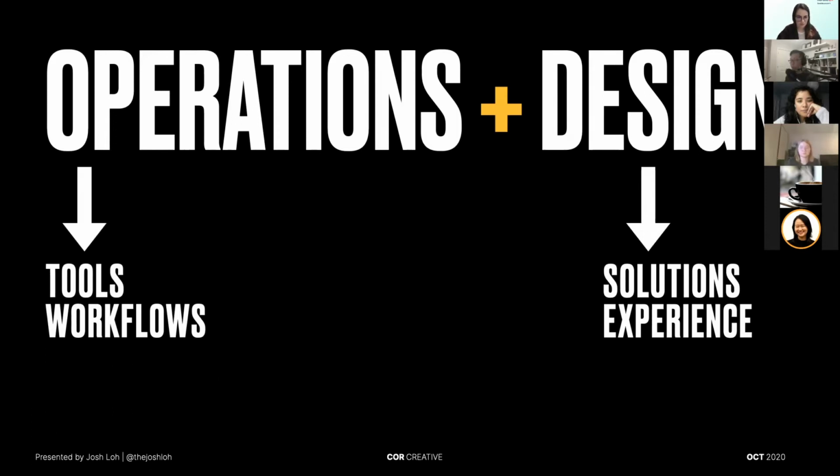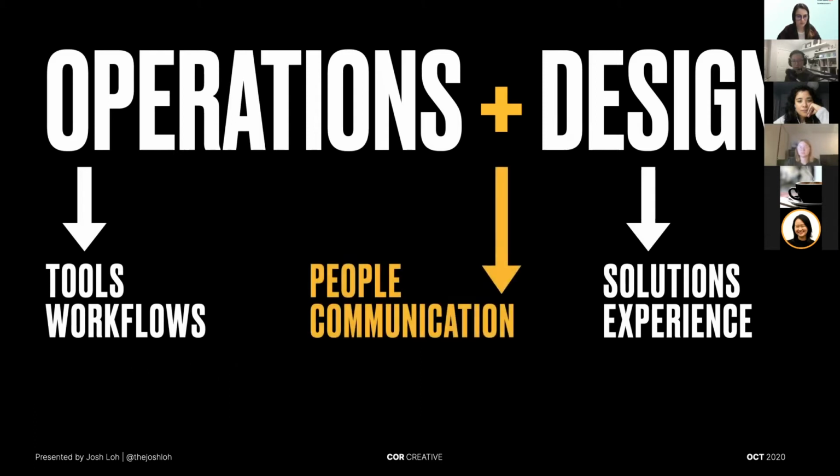In between, connecting the 2 fields, it always involves coordination with people, and this requires communication. So in a nutshell, going from left to right, it's the use of tools and workflows in coordinating with people and teams in order to create solutions and experiences.